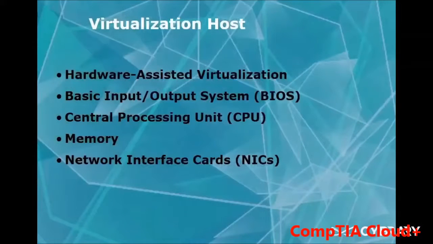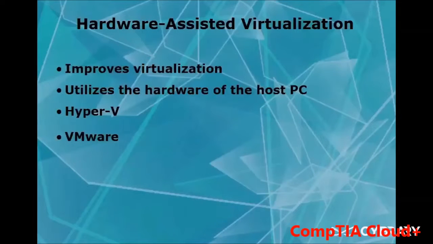Next, we want to talk about virtualized hosting. In virtualized hosting, we have hardware-assisted, BIOS, CPU, memory, and NIC. The purpose behind hardware-assisted virtualization is to improve the user's performance. Hyper-V and VMware are the most common programs associated with virtualization. It utilizes the actual hardware that's inside of the computer to make the VM run better.